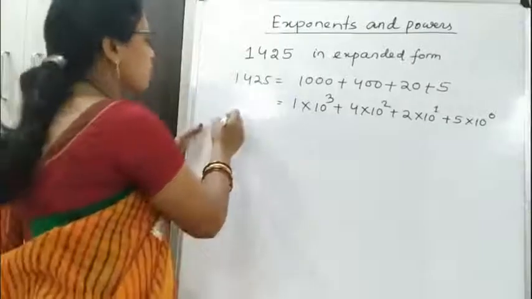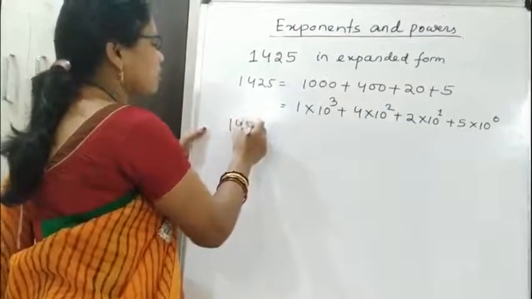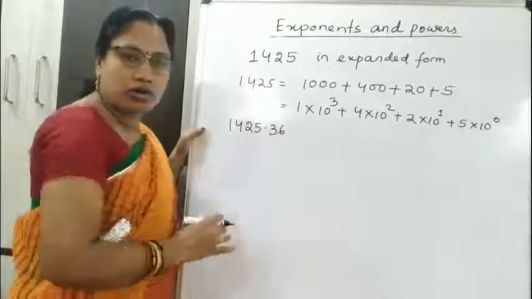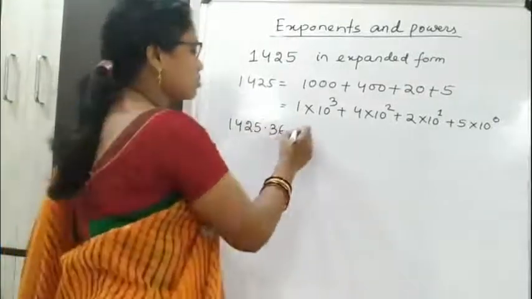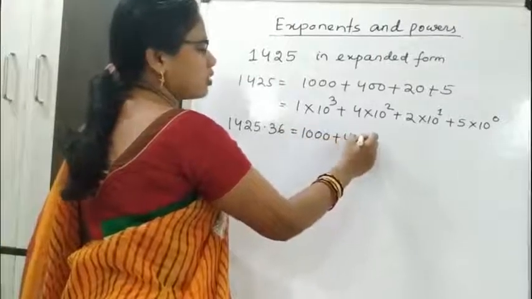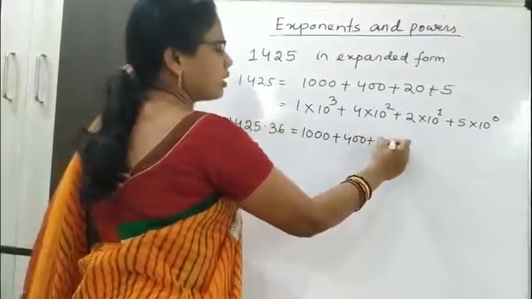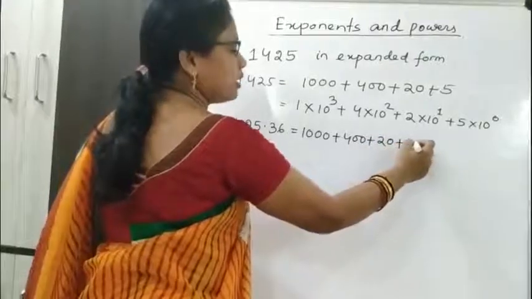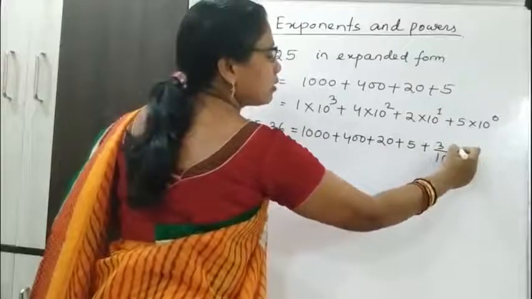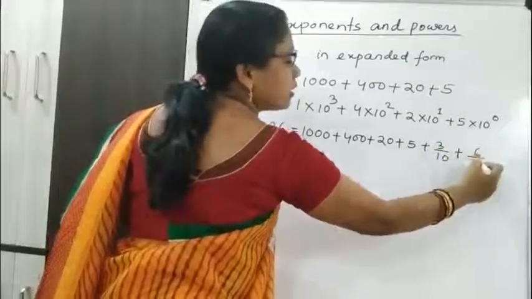But in case of a decimal number 1425.36, then how to write in expanded form? So this is equal to 1000 plus 400 plus 20 plus 5 plus 3 by 10 plus 6 by 100.